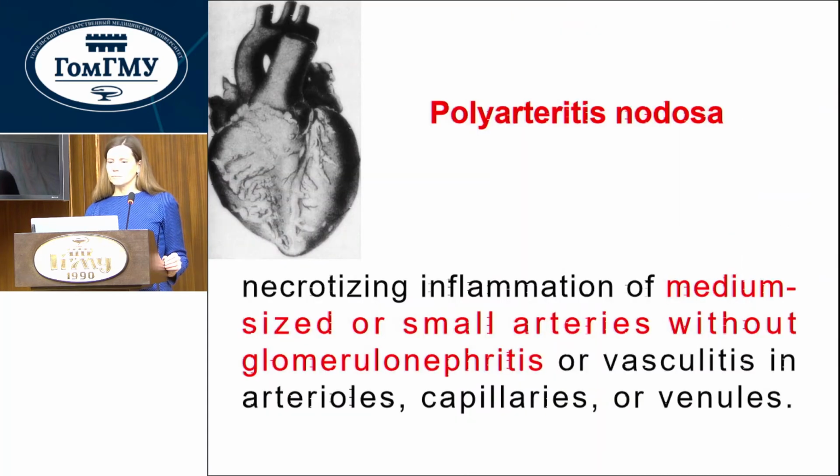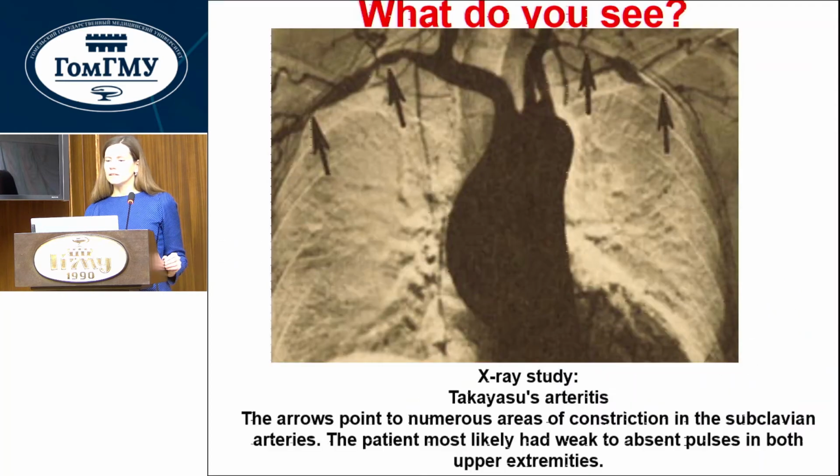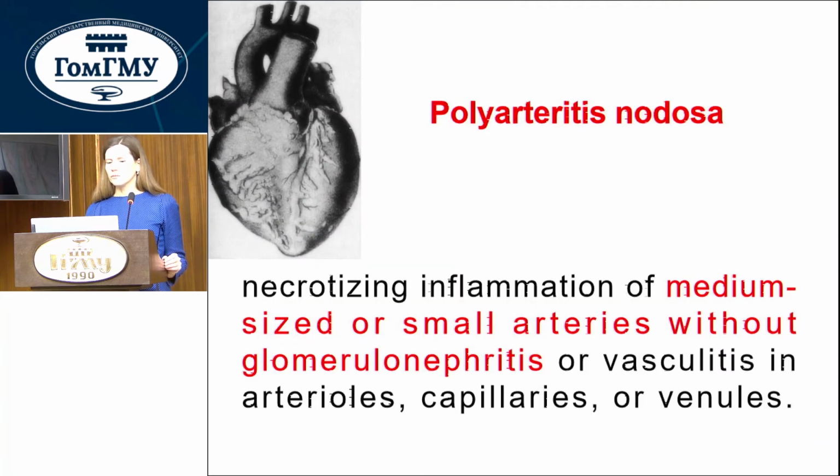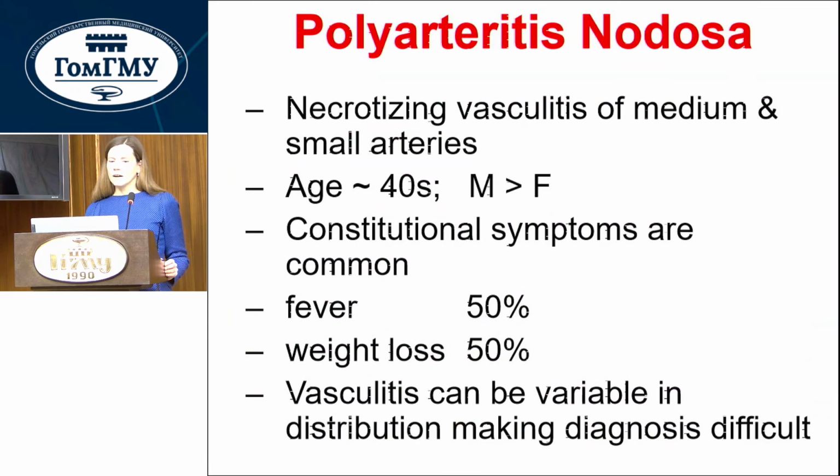Polyarteritis nodosa. It's necrotizing inflammation of medium size or small arteries without glomerulonephritis or vasculitis in arterioles, capillaries, or venules. Necrotizing vasculitis of medium and small arteries, age approximately 40s, men more often than female.